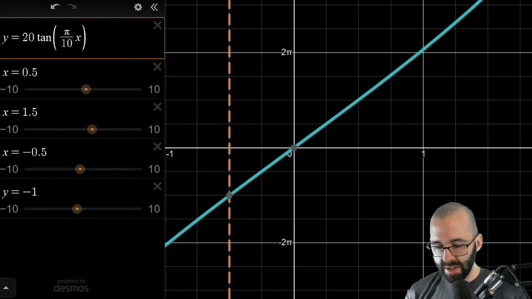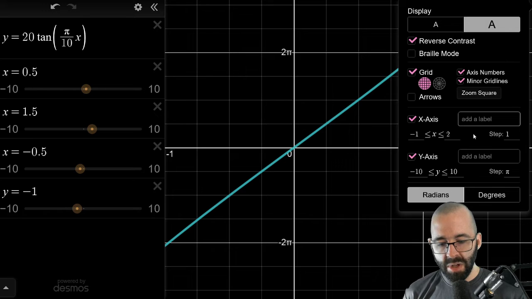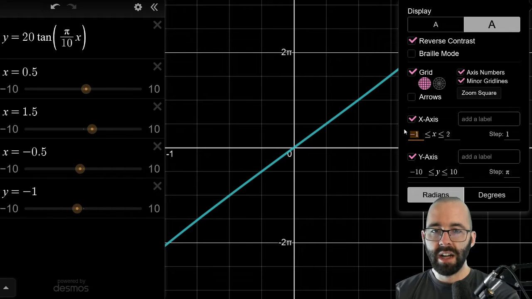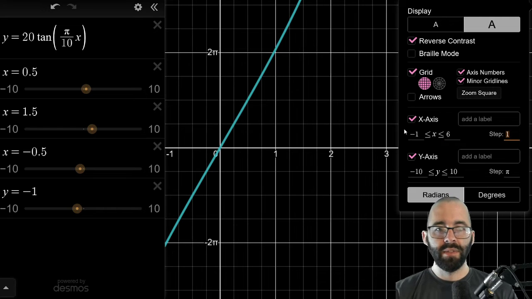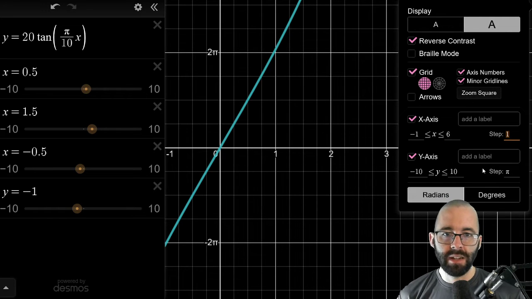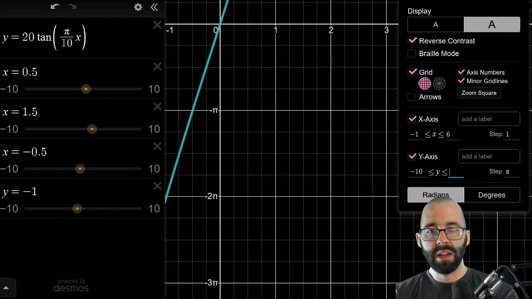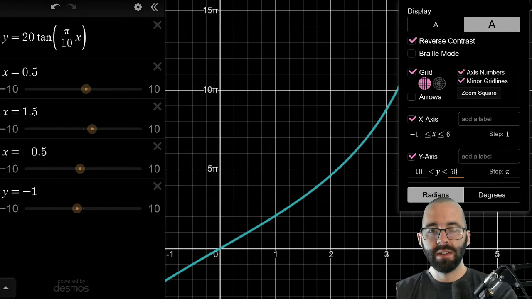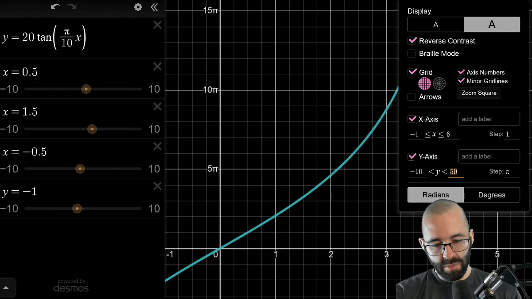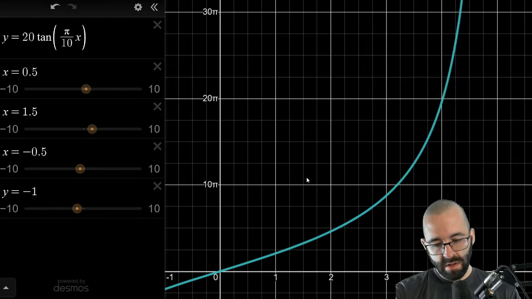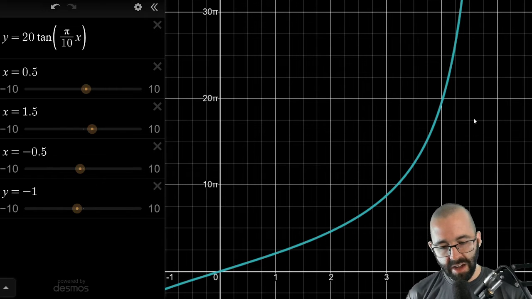Let's get rid of these old asymptotes. And we want to plot this from 0 to 5. Let's plot it a little further than we need to. And let's make the y-axis scale big enough so that we can actually see what's going on here. We're going to need more. Yeah, something like that. Well, 0 to 5.